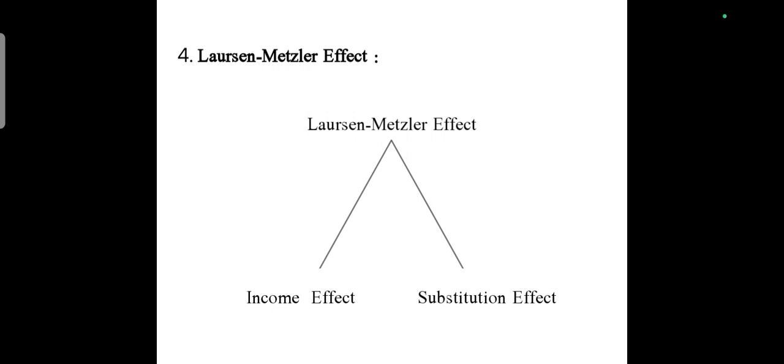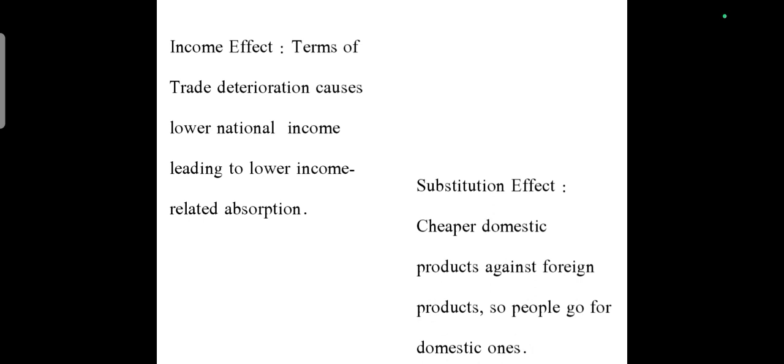In this stage, we will discuss the Laursen-Metzler effect. We can divide this effect into two effects. The first one is the income effect, and the second one is the substitution effect. First, we will discuss the income effect. As the terms of trade deterioration causes lower national income, which leads to lower income-related absorption. So the direct absorption falls.